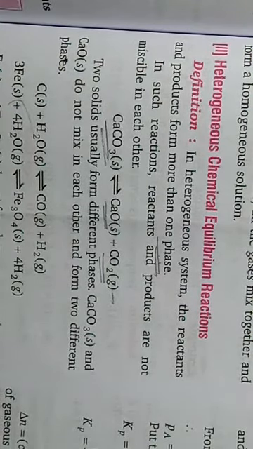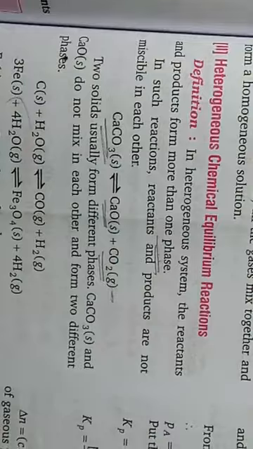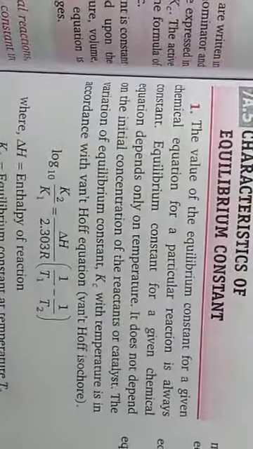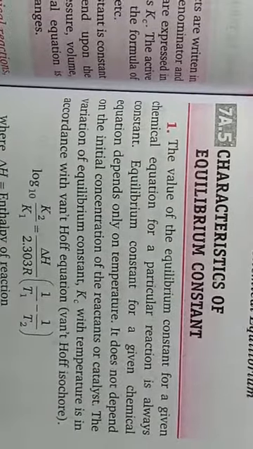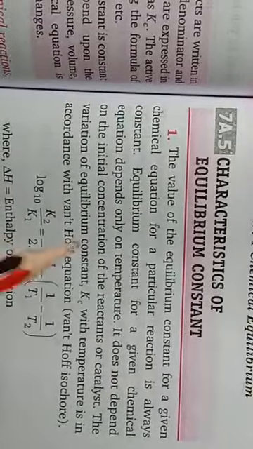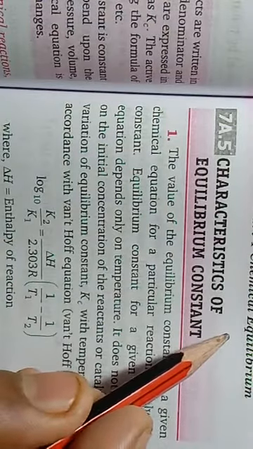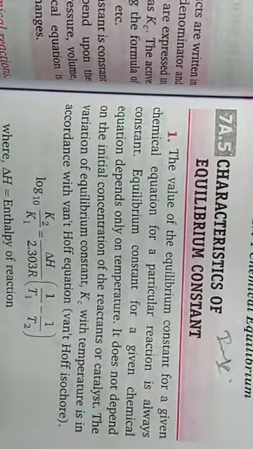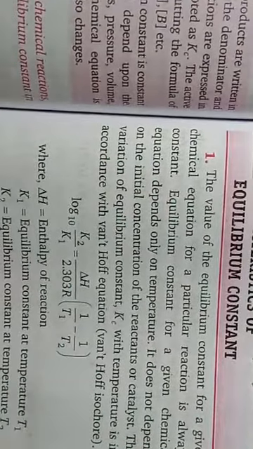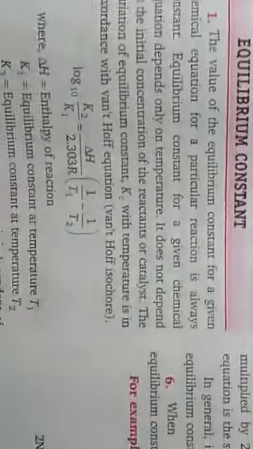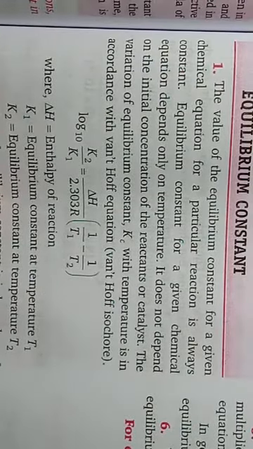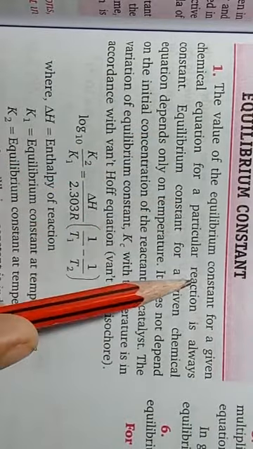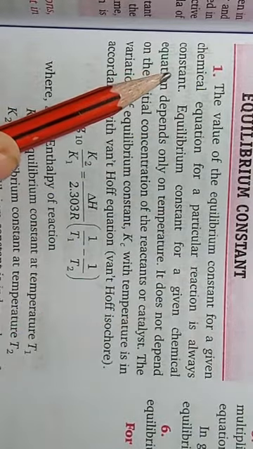Okay students, after this we will discuss the characteristics of equilibrium constant. This is a very important topic. According to the first point, the value of the equilibrium constant for a given chemical equation for a particular reaction is always constant.